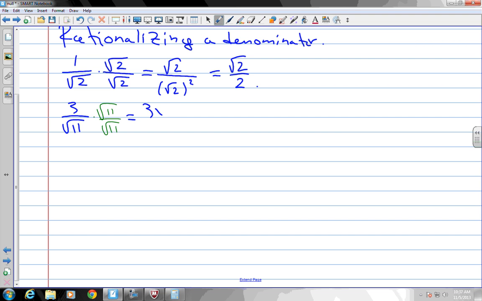So that's 3 square roots of 11 over square root of 11 squared. So then it just becomes 11 in the denominator. Is that okay? And that's it. If you have a single square root, it's pretty straightforward. You just multiply it by itself.